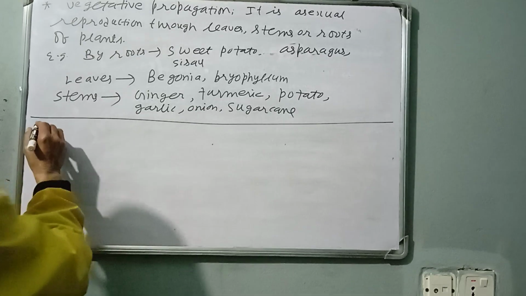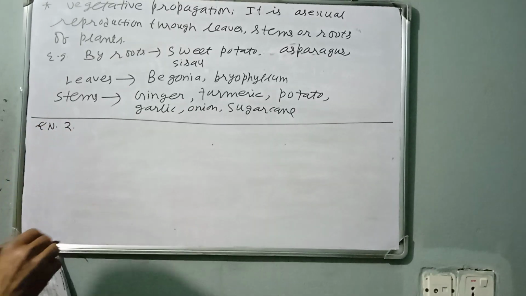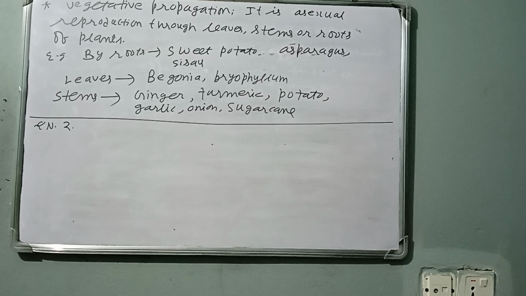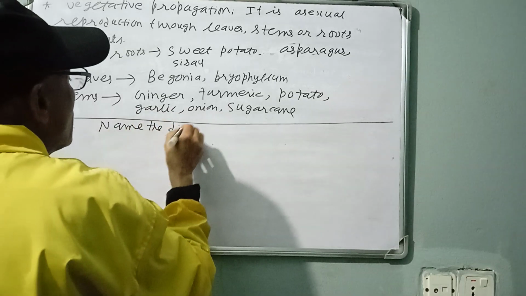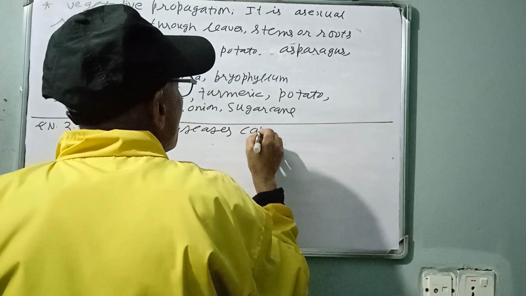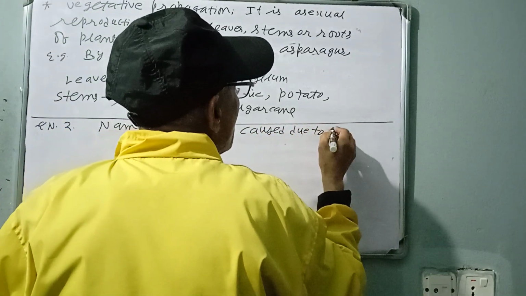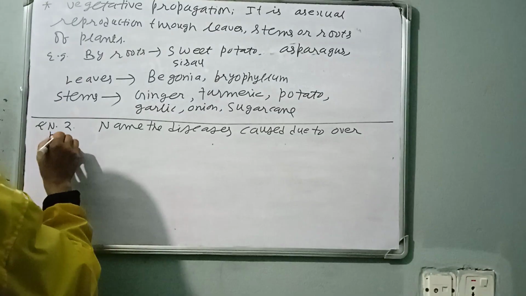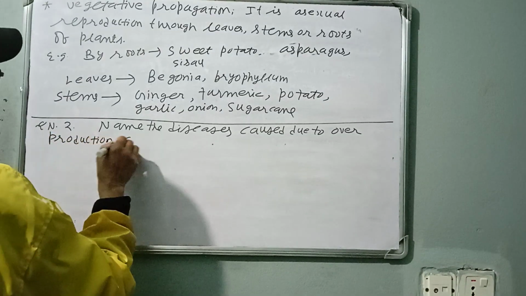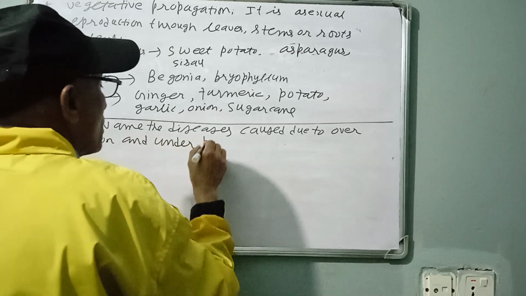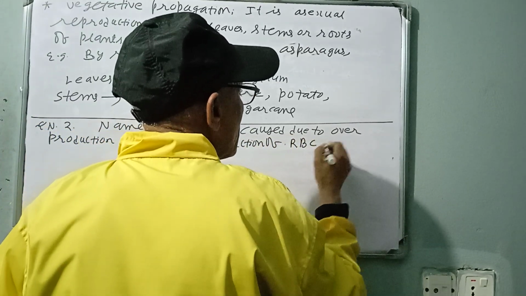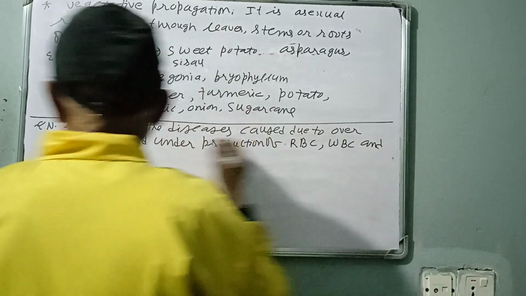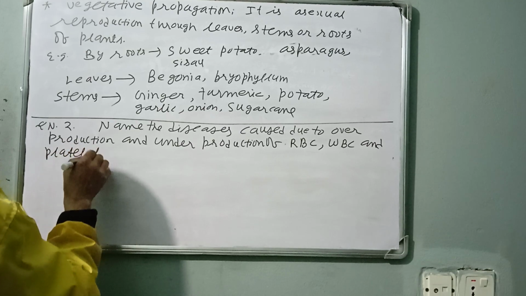Another, in question number 2, I have written, you have to write down the names of the diseases which are caused due to the overproduction and underproduction of RBC, WBC and platelets.